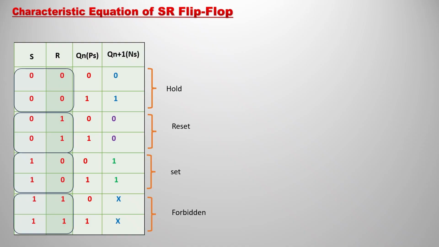For that purpose, we are going to have the truth table. So we have this complete truth table of the SR flip-flop. Up to now, what we have seen is just the simple representation of the truth table. But this truth table is the extended form, because here we have three variables, that is S, R and the present state output Qn, and the next state output also, that is Qn plus 1, the final output.